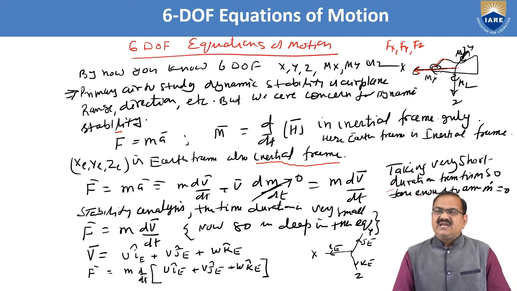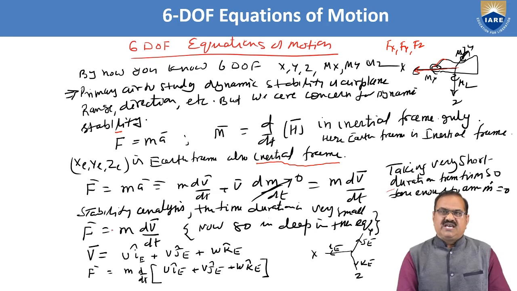There is no change of rate of mass, so m dot is equal to 0. This is an assumption which we are making to simplify our equations. In stability analysis the time duration is very small, so we can take dm by dt as 0.